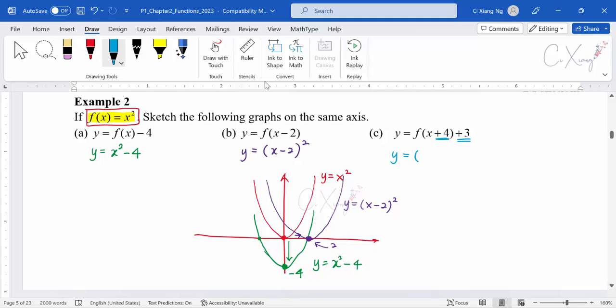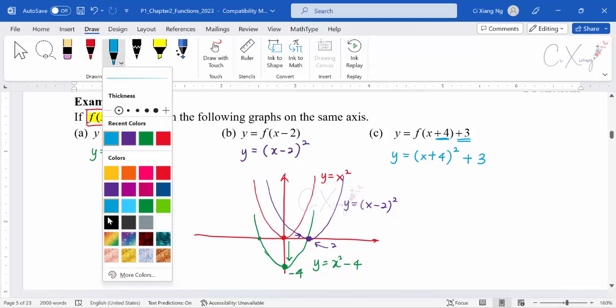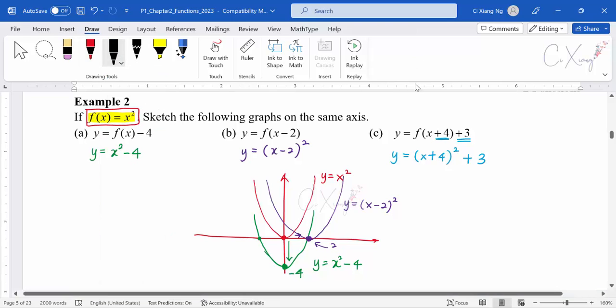If I write it out in the basic function form, I'm having x plus 4 and then only I square it, and the plus 3 is outside the whole function here. This part involves the horizontal translation, and the plus 3 outside the basic function means the vertical translation.